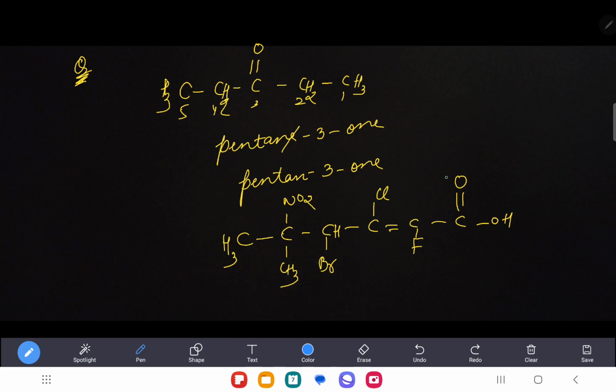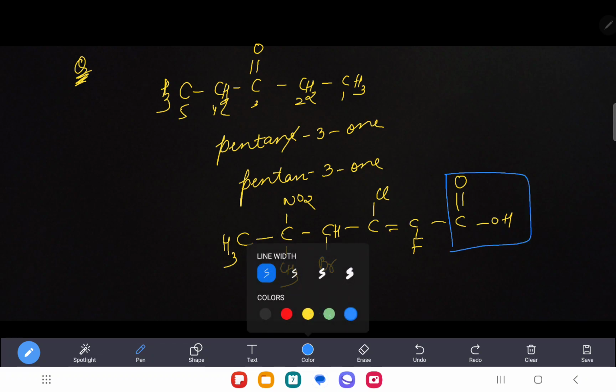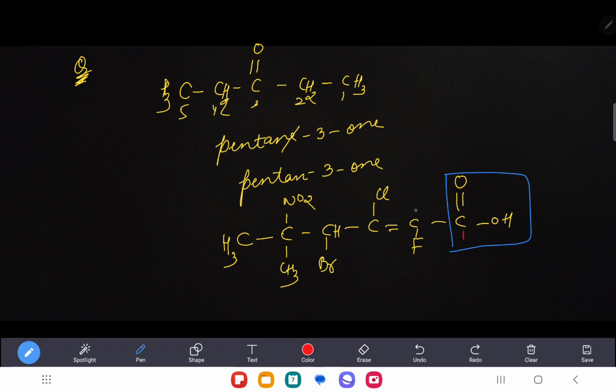So how many carbons? You can see the COOH group right here. So this is the functional group, so that gets the preference. So it is very clear. I have to number it from 1, 2, 3, 4, 5, 6. So the carbons are 6, so word root shall become hex.